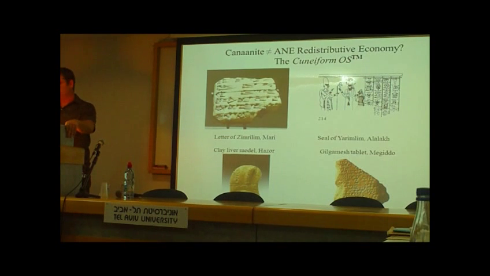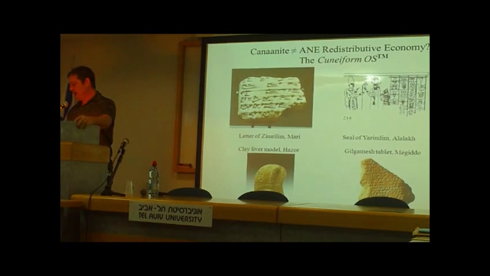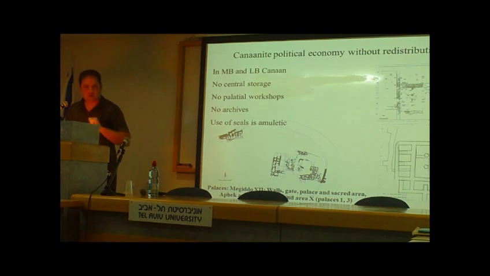That is, you write letters in cuneiform, you have seals that are written in cuneiform, you have other software like the mythological and school texts, like the Gilgamesh tablet, and then you have other didactic means such as the liver model found in Hazor, and also there are other places where these are found. However, there is a problem with this system in Canaan in the Middle Bronze Age, and we'll return to this shortly.